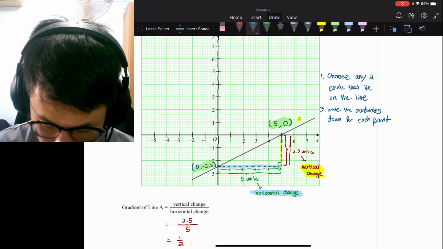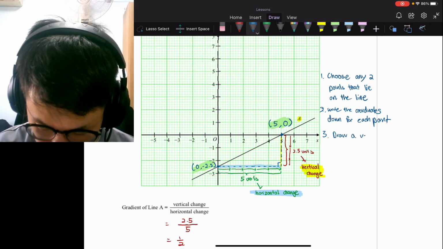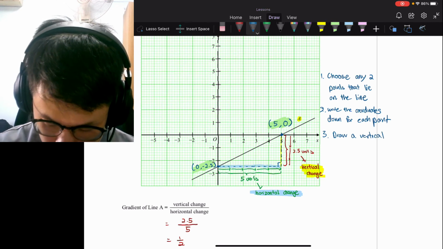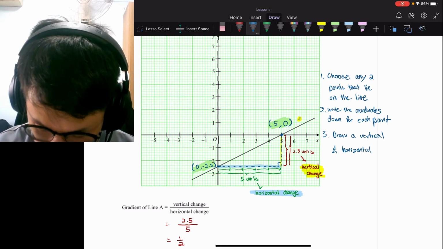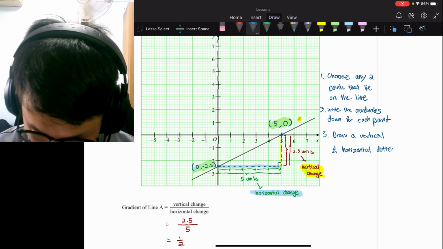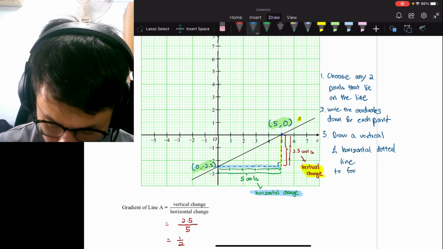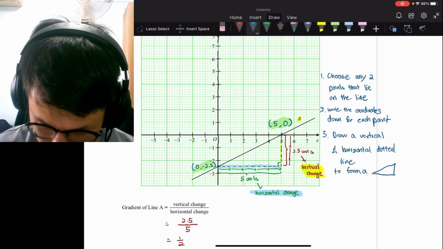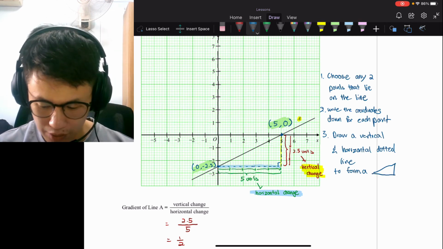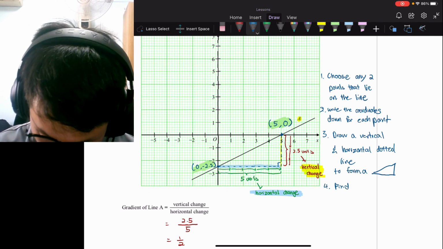The second step is to draw a vertical and horizontal dotted line to form a triangle of this shape.